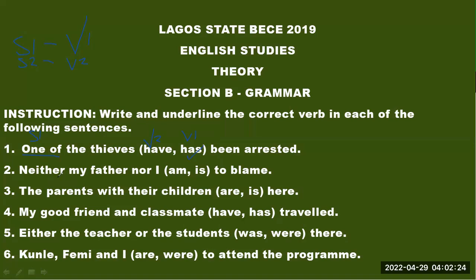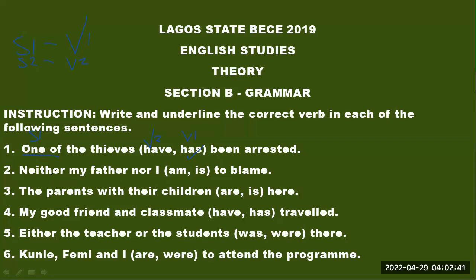Question number 2, neither my father nor I dash to blame. I'm to blame or is to blame. Now, again, you need to understand the rule of concord that applies here.